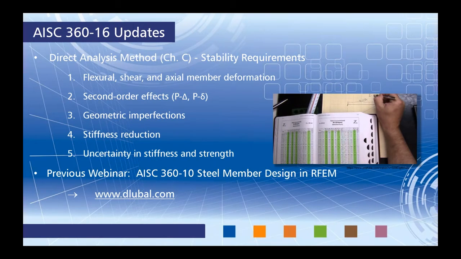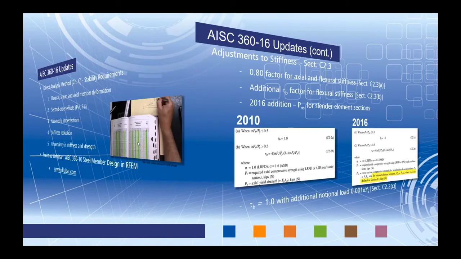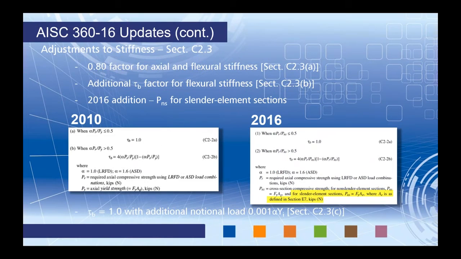In it, I really went into detail on Chapter C to show you exactly how to take into account each one of these stability requirements within RFEM. So it's a very helpful webinar if you're looking at P-delta, stability requirements in general, and how to apply that to the structure.